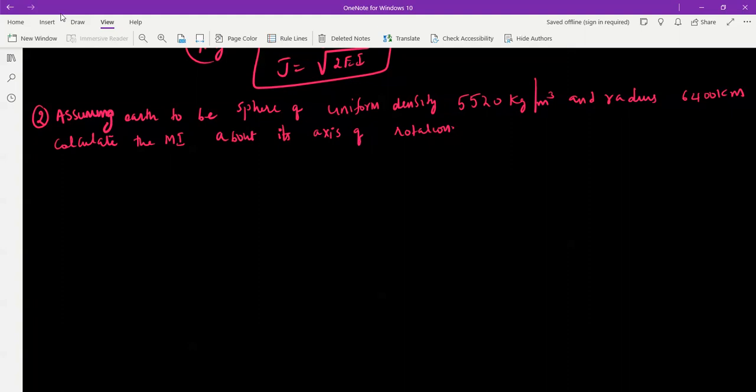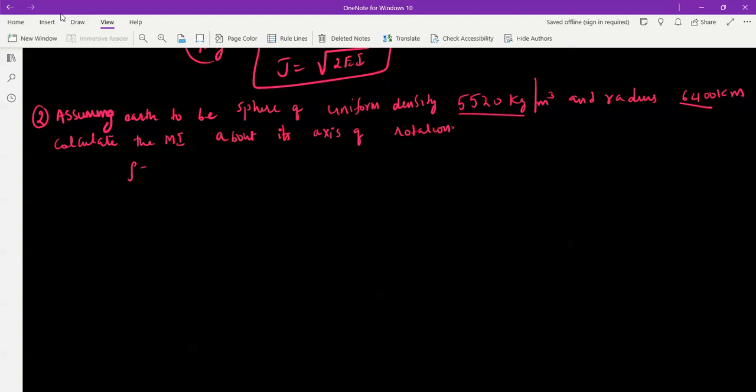So what they have given? So assuming Earth to be a sphere of uniform density 5520 kg per meter cube and radius to be 6400 kilometer, calculate the moment of inertia about its axis of rotation.